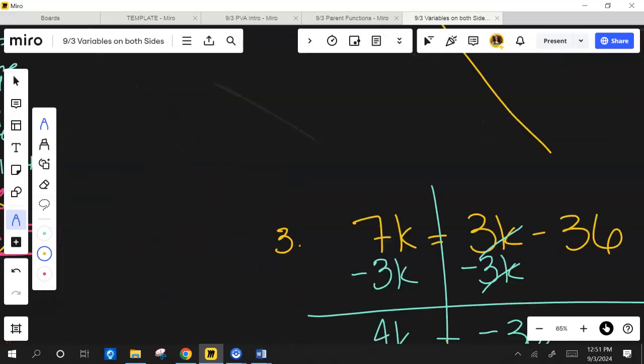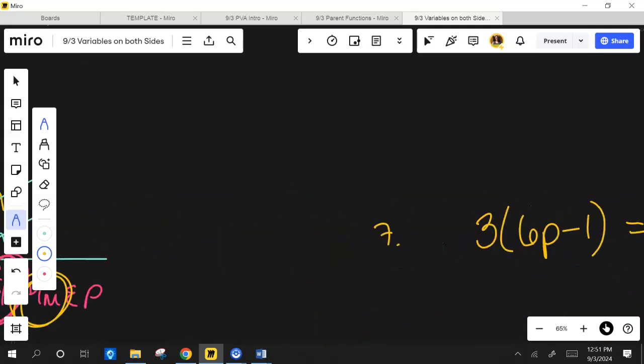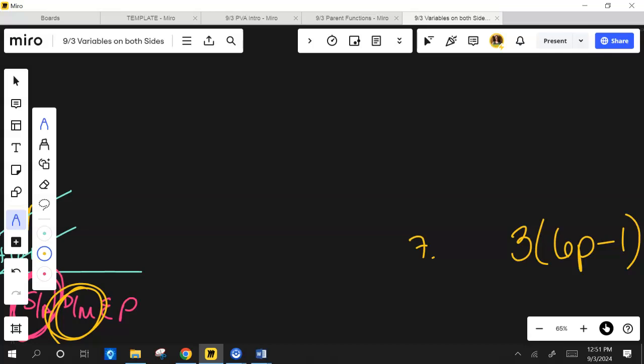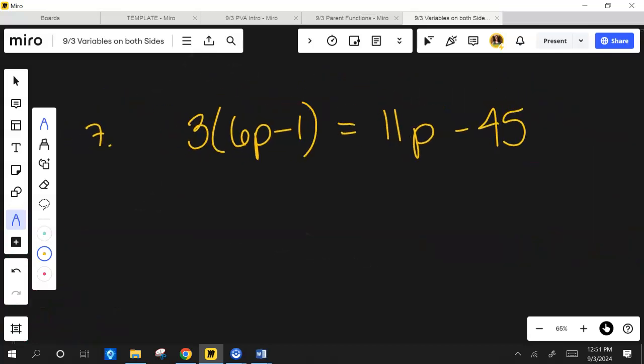So now look at this problem. Listen, I cannot just move variables just yet, right?